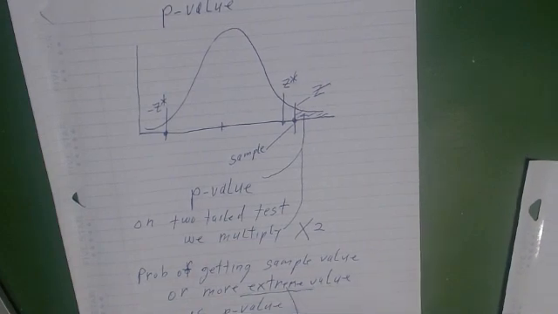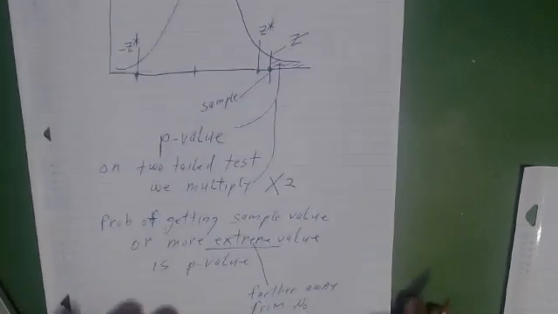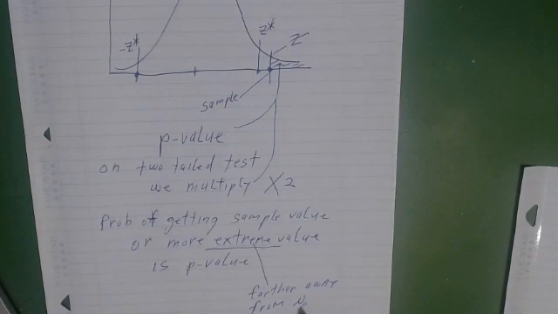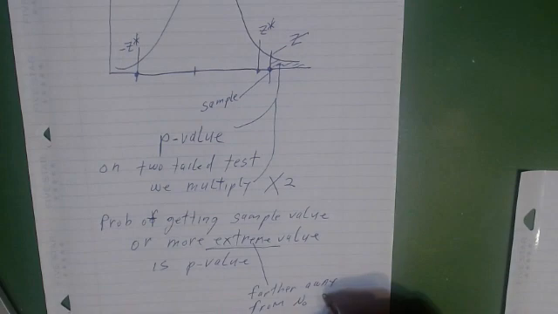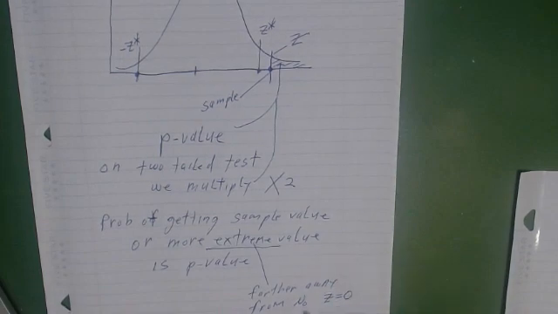It means farther away from the mu sub naught. Or if you were doing proportions testing, this would be p naught, from that mean value, or from z equals 0, okay? Because we know those are at the same place, right? Same place.